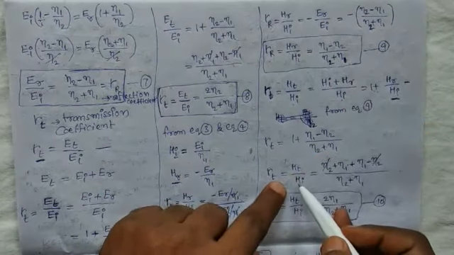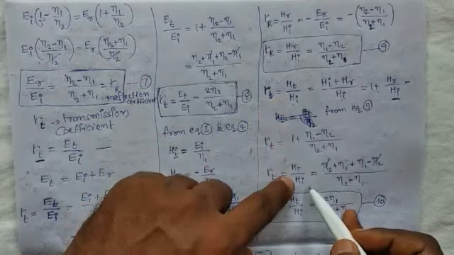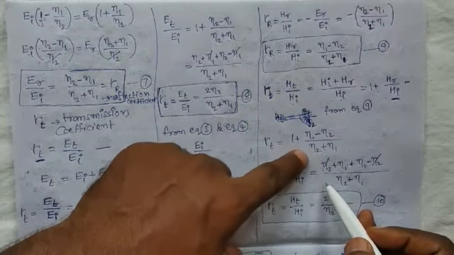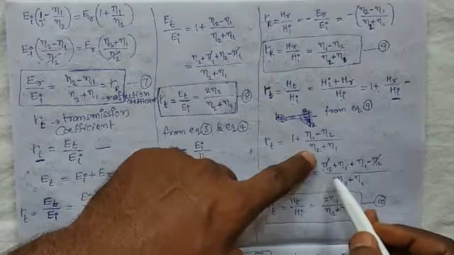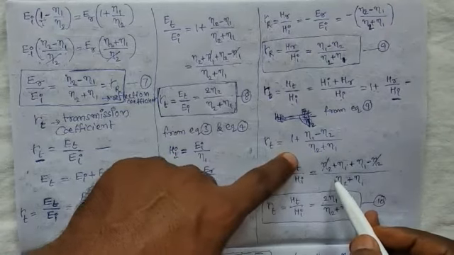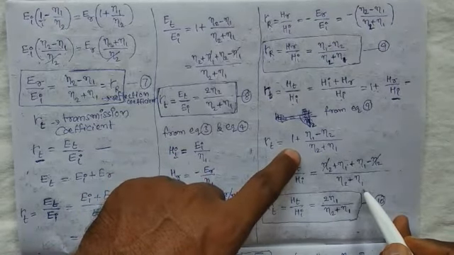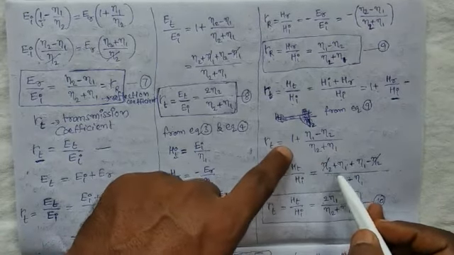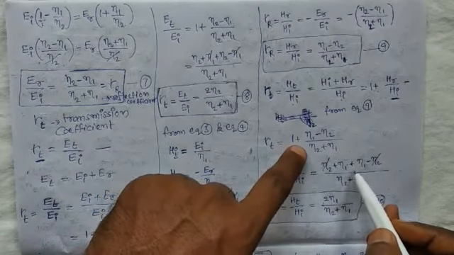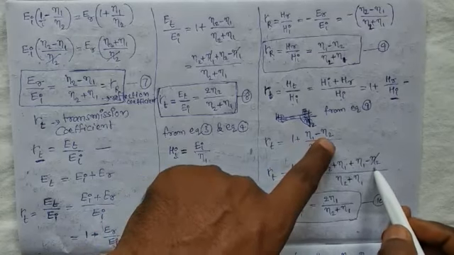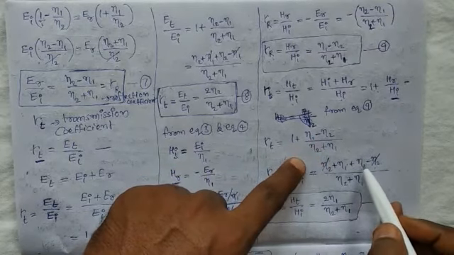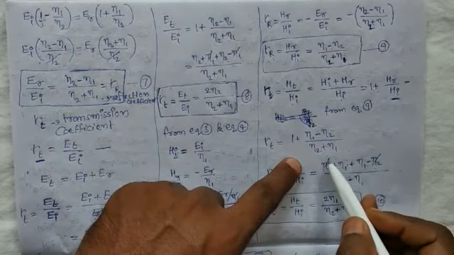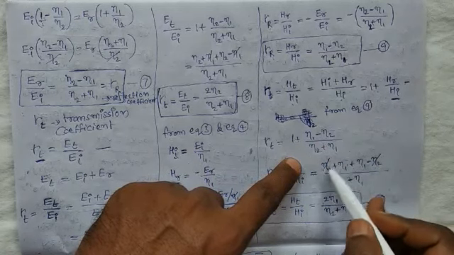Here gamma T is equal to HT by HI. Here we are performing the LCM: eta 2 plus eta 1. This is multiplied with 1, so eta 2 plus eta 1 plus eta 1 minus eta 2. Here the eta 2 and minus eta 2 get cancelled.